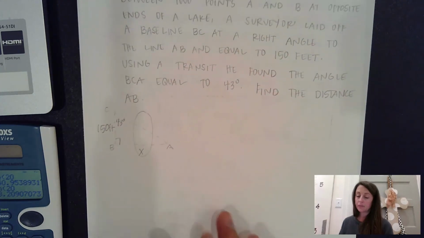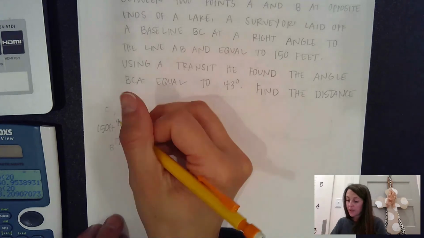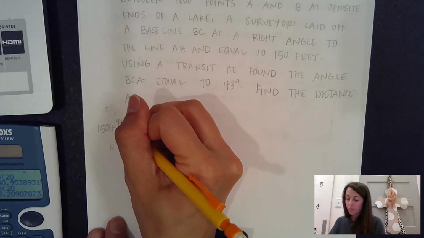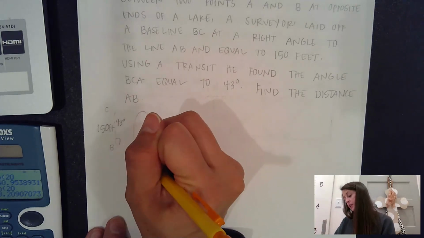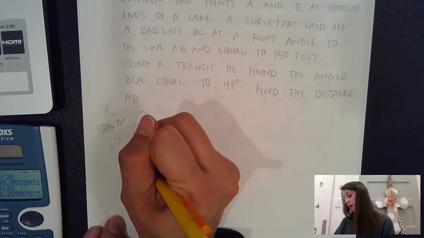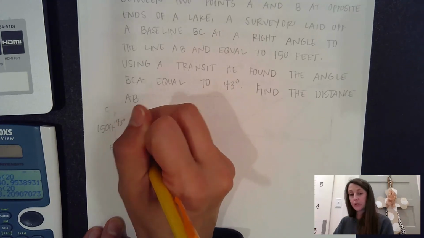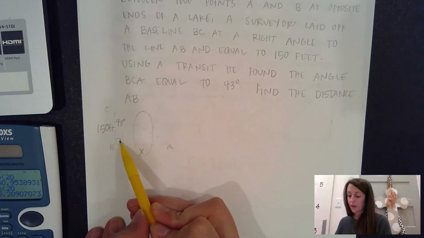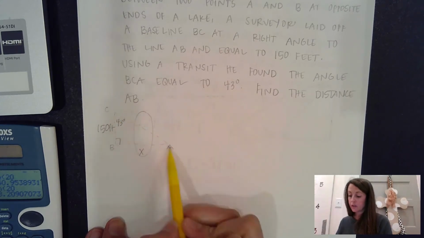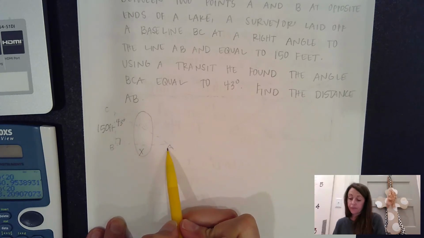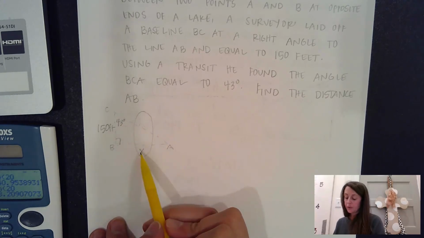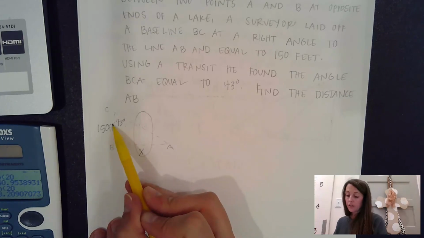So what is that? Just a right triangle, right? So I know this angle, and I want to find the side that is opposite. The hypotenuse would be this side here, so I don't care about that one. I want to find the side opposite of the angle, and I know the side that's adjacent.